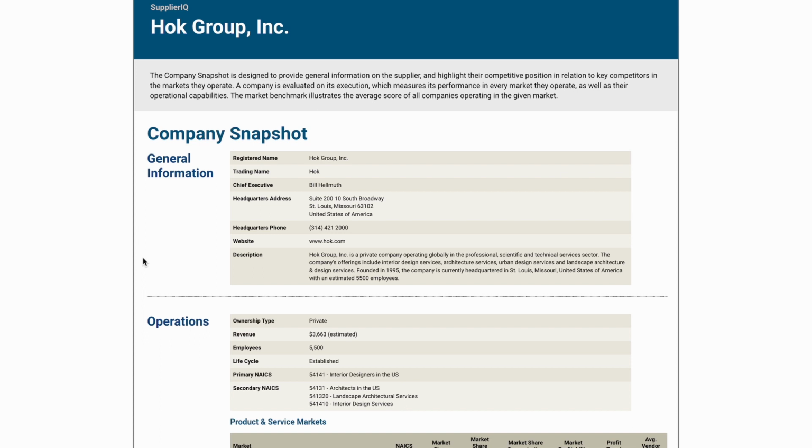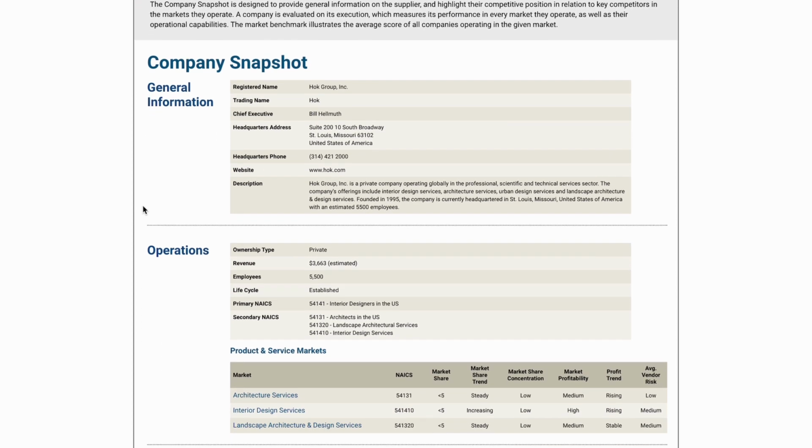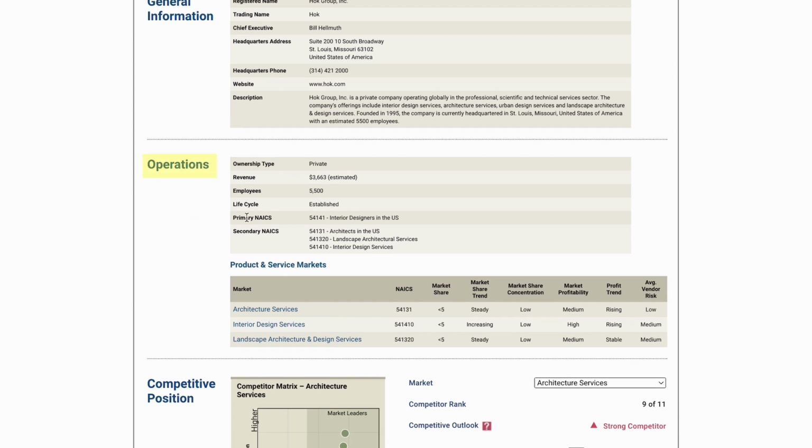When you're in one of these supplier profiles, you can navigate to operations, where you can see the company's primary market code. Now, that's the primary market they operate within, but this company also offers a variety of different services that you can see below.